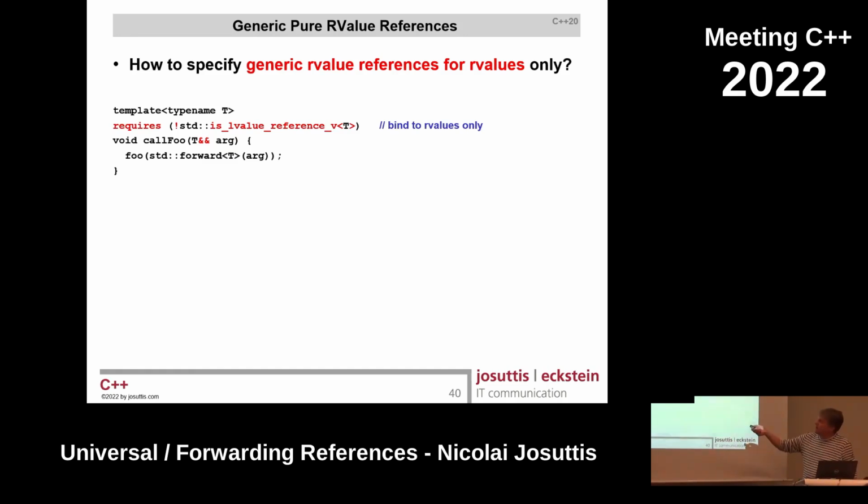So this is what you want to say. Very carefully chosen. I had to discuss it with a couple of people in the standard committee. We came up with different solutions. You say, yeah, R value to any type, but the thing we get is not an L value reference.